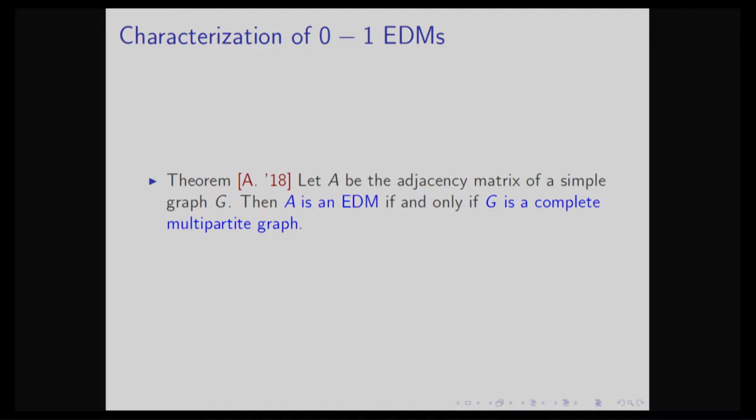So if A is the adjacency matrix of a simple graph, then A is an EDM if and only if G is a complete multipartite graph. This is a generalization of the complete bipartite graph. Another way to define this is to be the complement of a cluster graph.